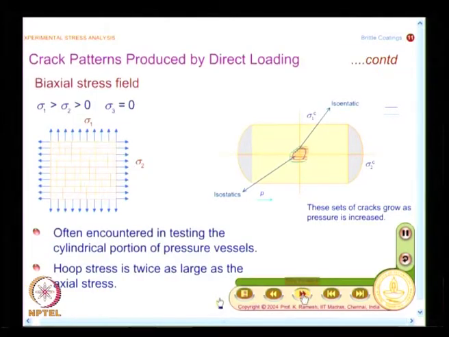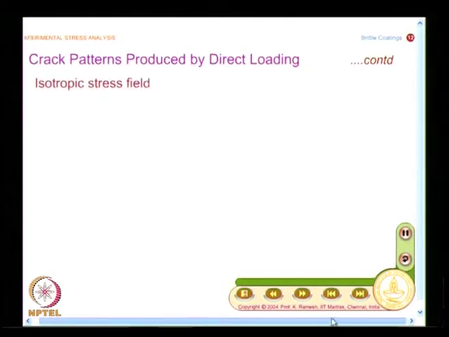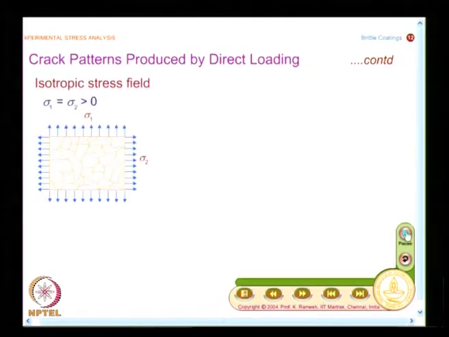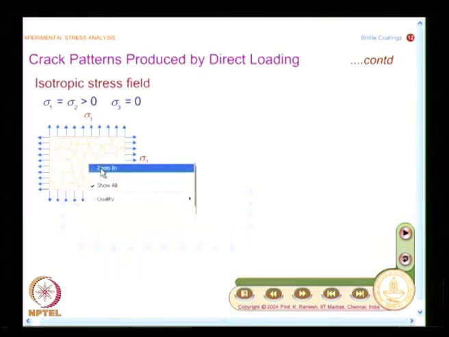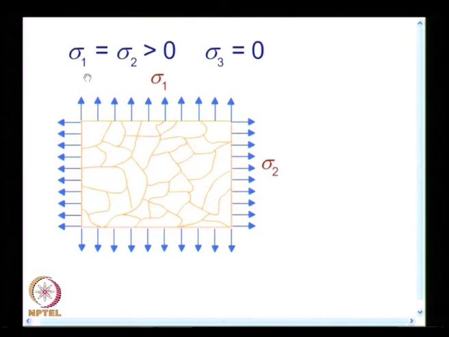And what happens if the principal stress direction is the same, which you call an isotropic field? sigma 1 equal to sigma 2 and both are greater than 0. So, you have random crack patterns.